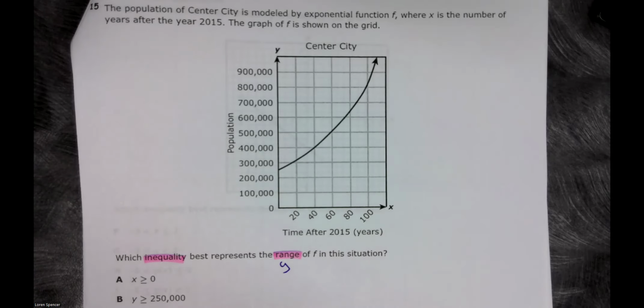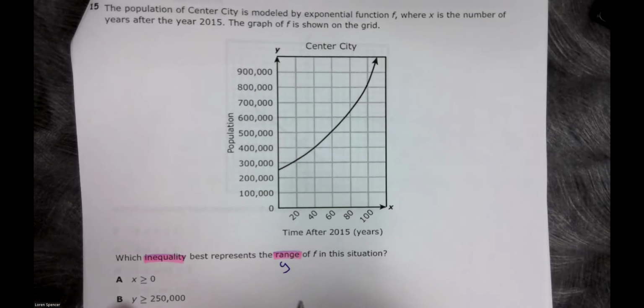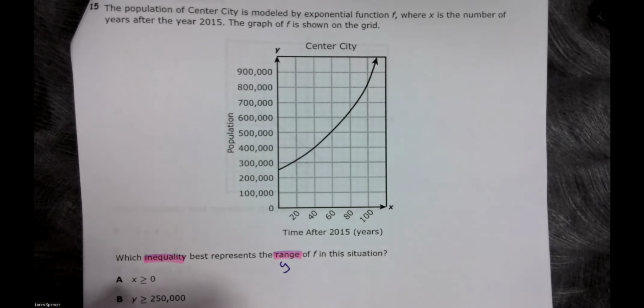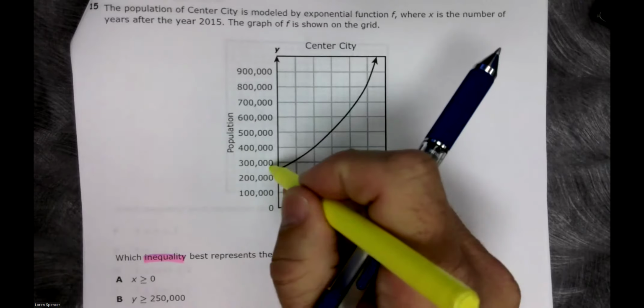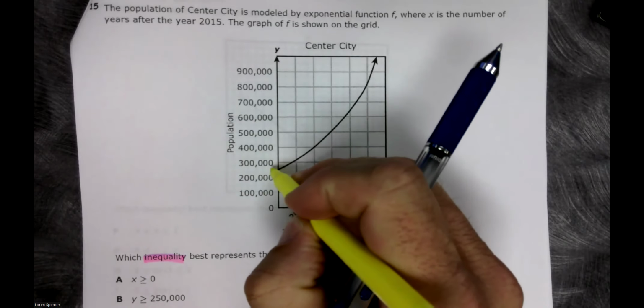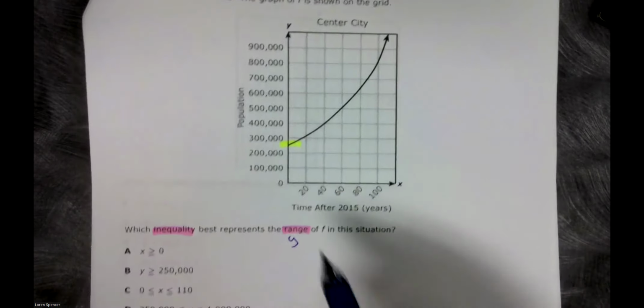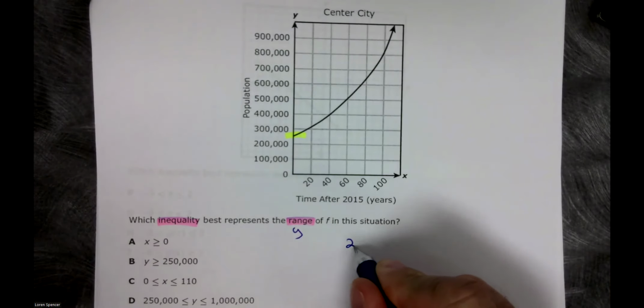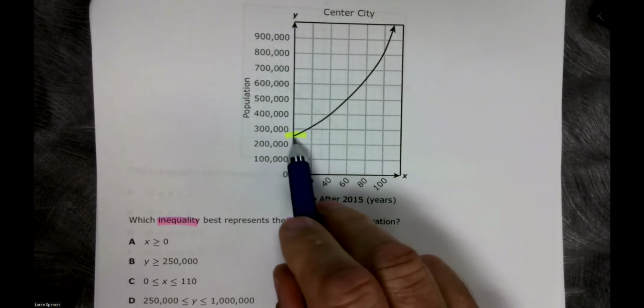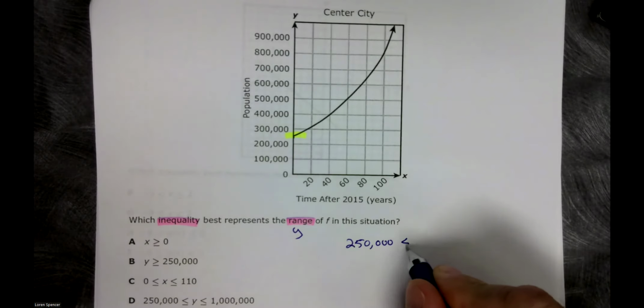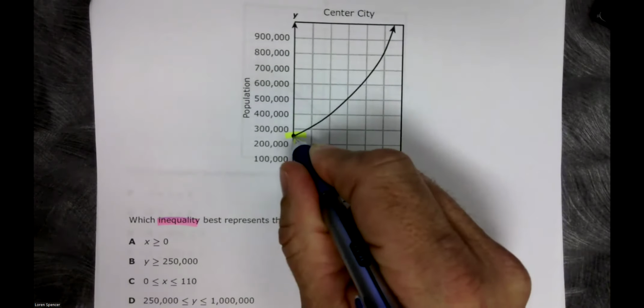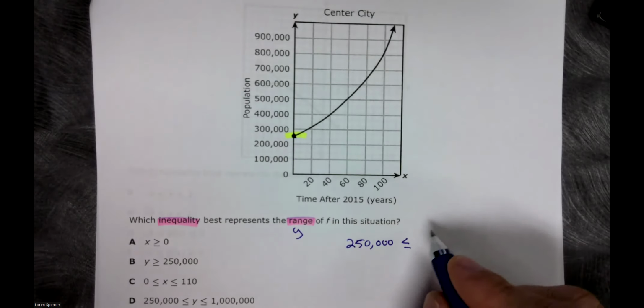So that means we have to draw to the y-axis. When I draw to the y-axis right here, I come up with somewhere about 250,000. So I'm going to say approximately 250,000. That's a solid, so this is going to be a less than or equal to, because it's a solid line, so it acts like a dot.